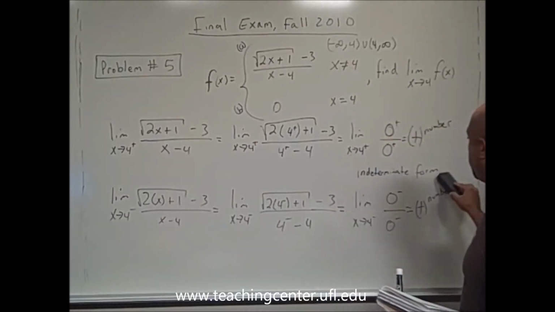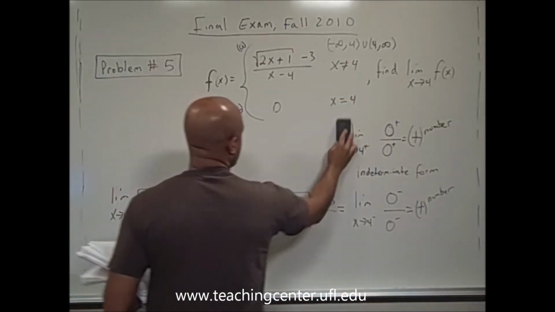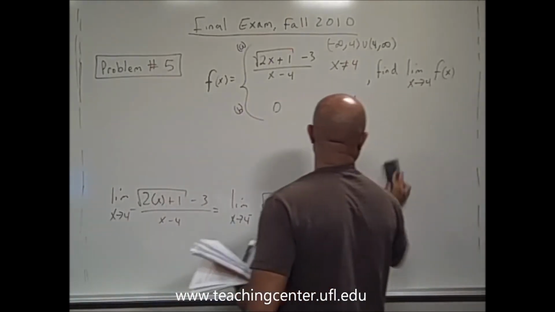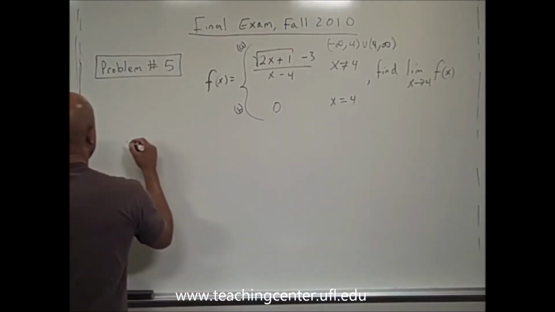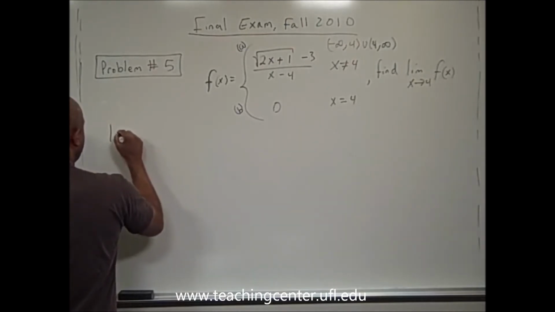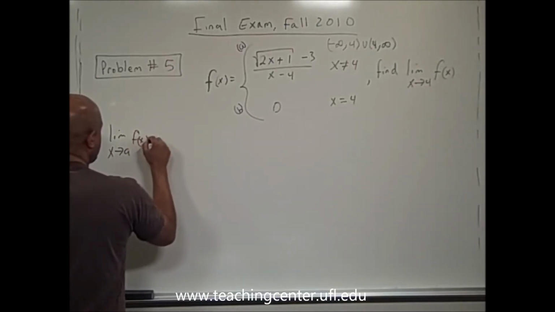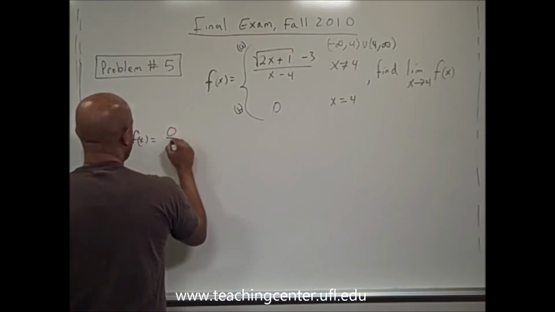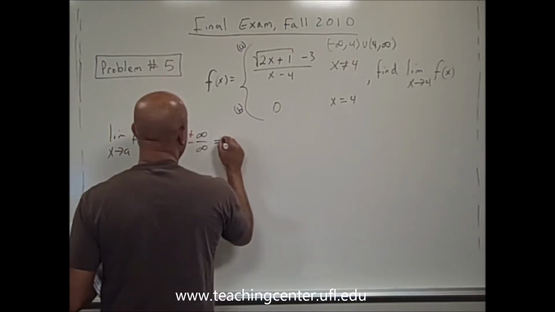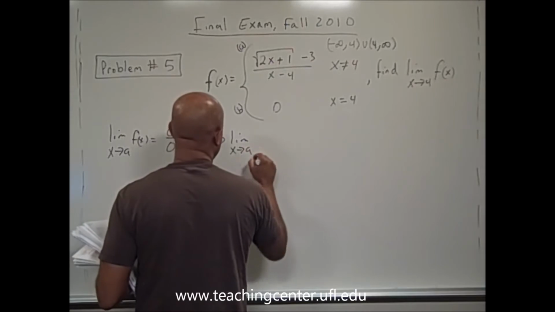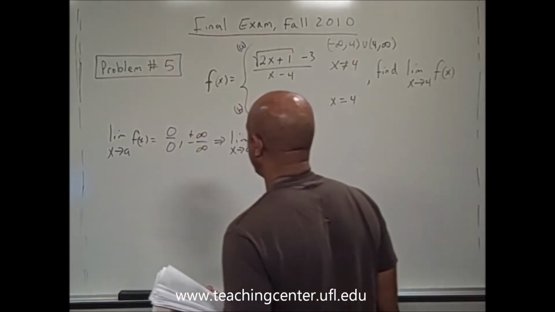What does that mean? That means that we can use L'Hopital's rule. L'Hopital's rule says that as x approaches a, if the limit of f of x over g of x is equal to either 0 over 0 or plus or minus infinity over infinity, then we can say that that's the same thing as the limit as x approaches a of the derivative of f of x over the derivative of g of x.